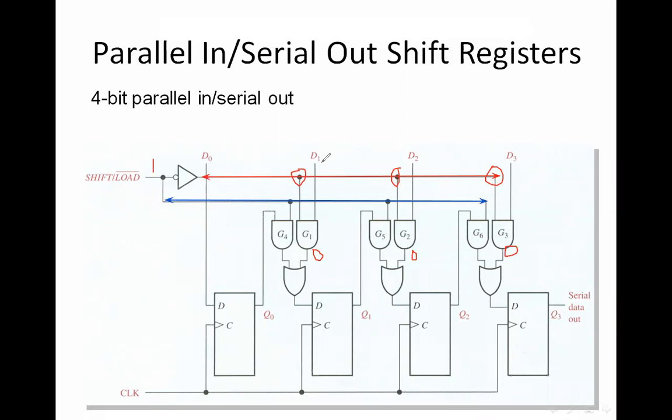So data is not getting inside, even though you give D0, D1, D2 and D3. D1, D2 and D3 will get nullified because they are connected to an AND gate. D0 is not connected to an AND gate, so only D0 will get inside. Understood?